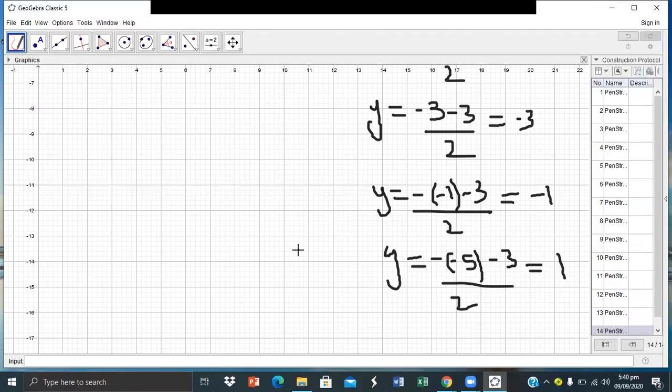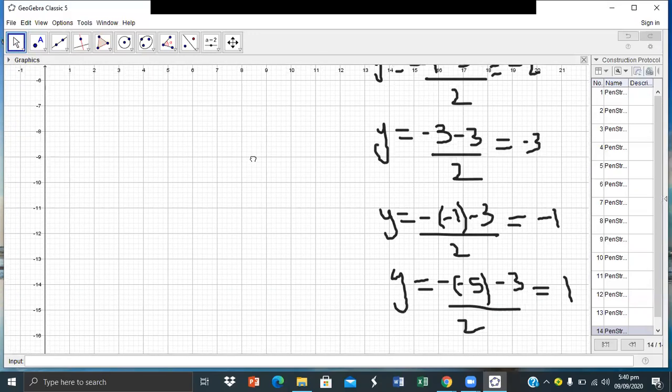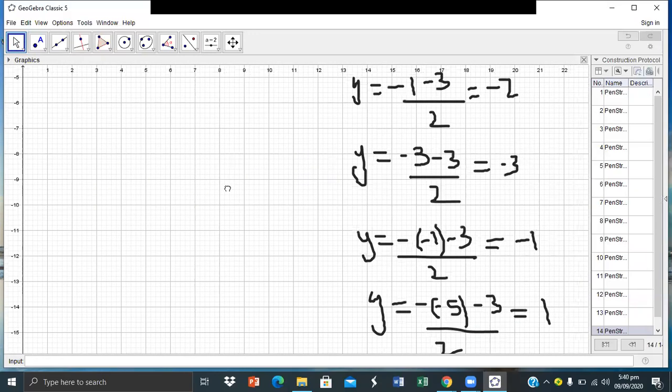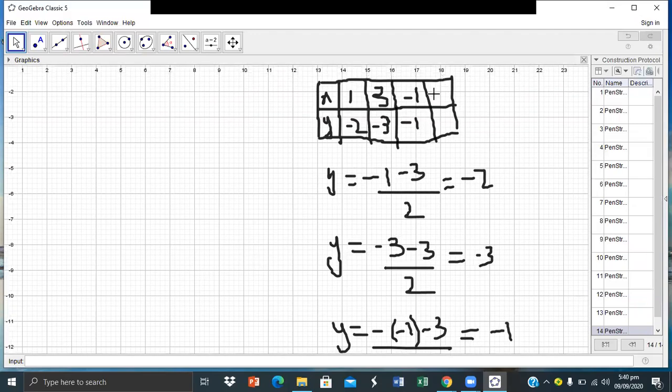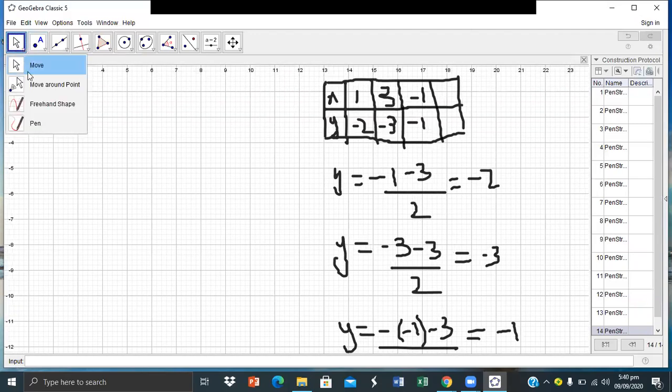I solved this equation mentally, you can do it by yourself as well. So when I place x as minus 5, I get y as 1. Now I have completed my chart of ordered pairs.